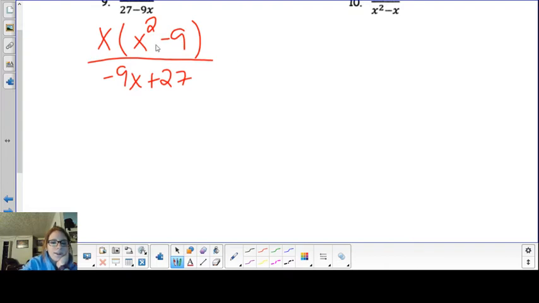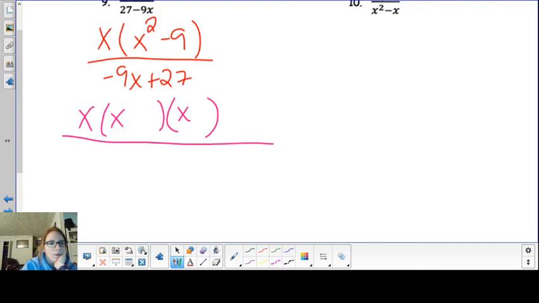Well, I still have something squared on top, so it means I should at least try and factor it. So I have 2 sets of parentheses. x times x gives me x squared. What gives me a negative 9 and adds to 0? We've done one just like this already. Multiplies to negative 9, adds to 0. Good. Plus and minus 3.